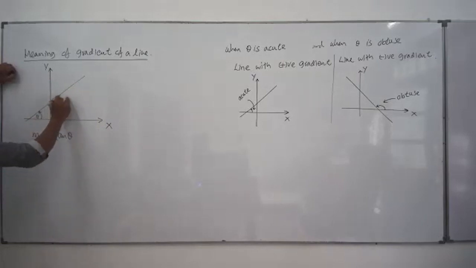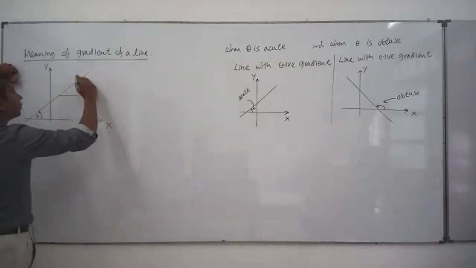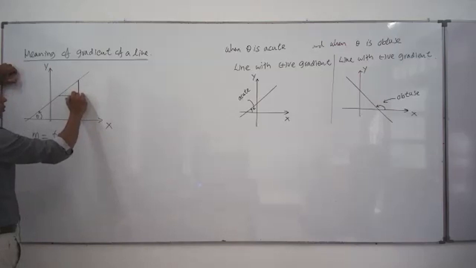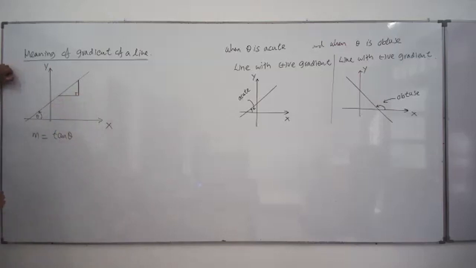I can construct this way a right angle triangle. Okay, this is theta. Then how to write tan theta by using this triangle?